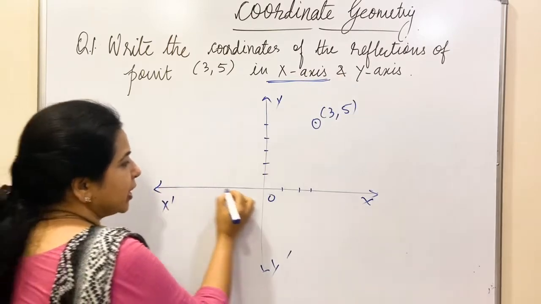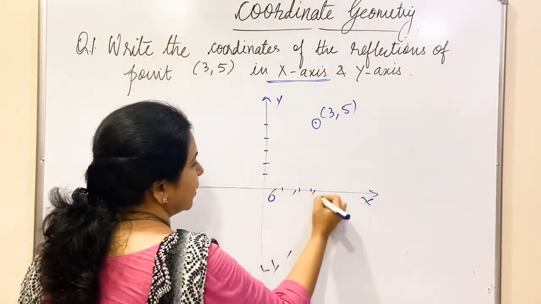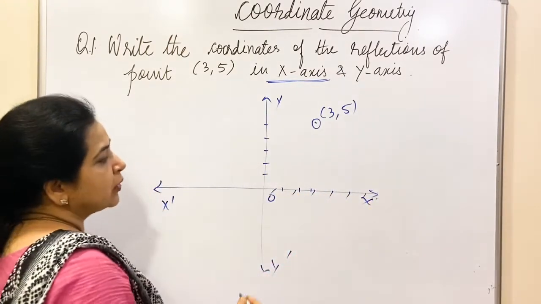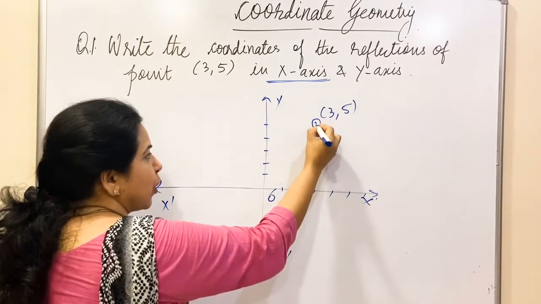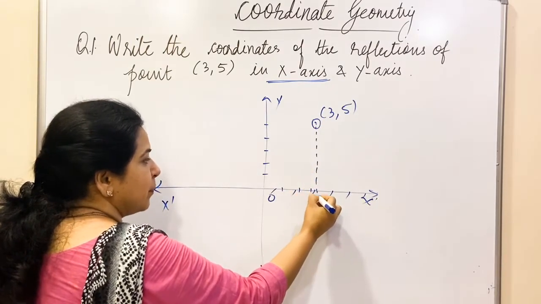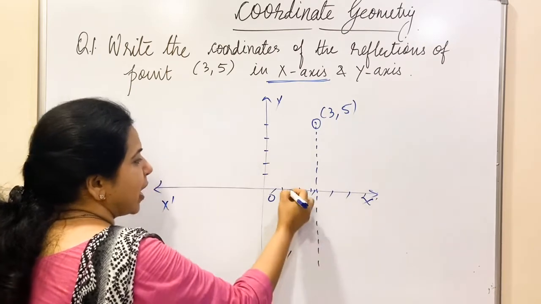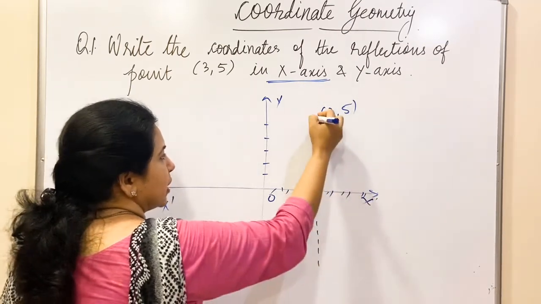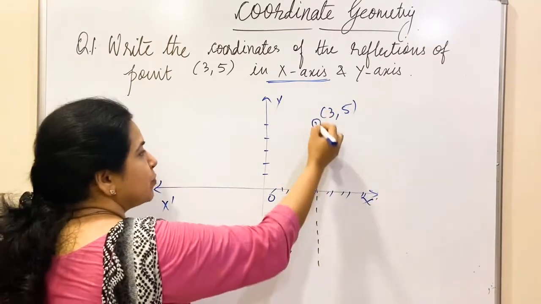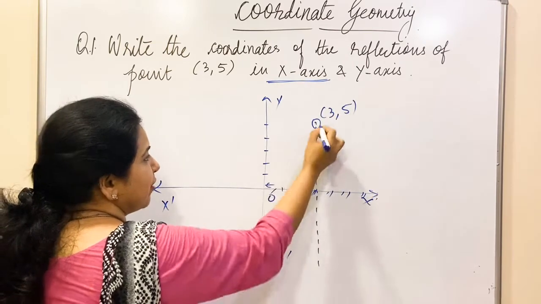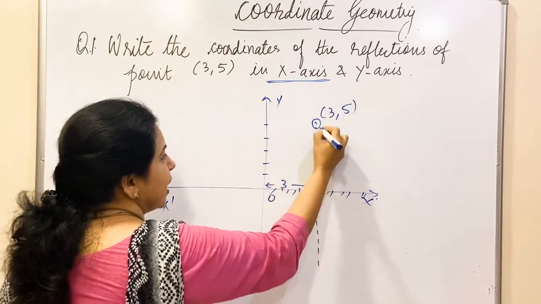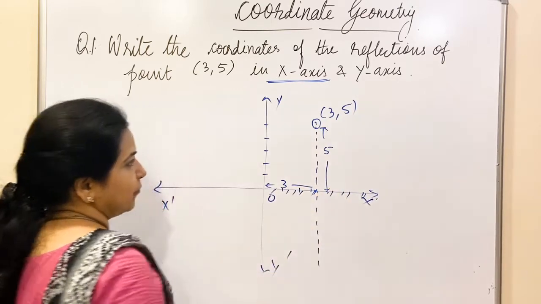When we are taking the x-axis as a plane mirror, we know the rule that the image of this point is as far behind the mirror as the object is in front of it. As the object is, (3, 5) means this distance is 3 and this distance is 5.